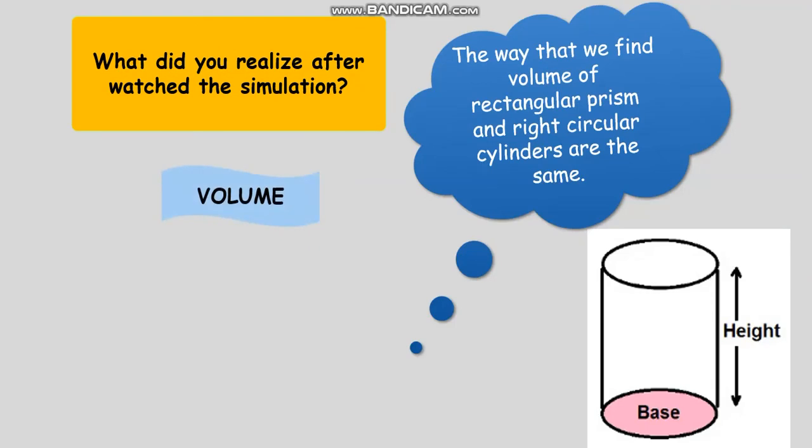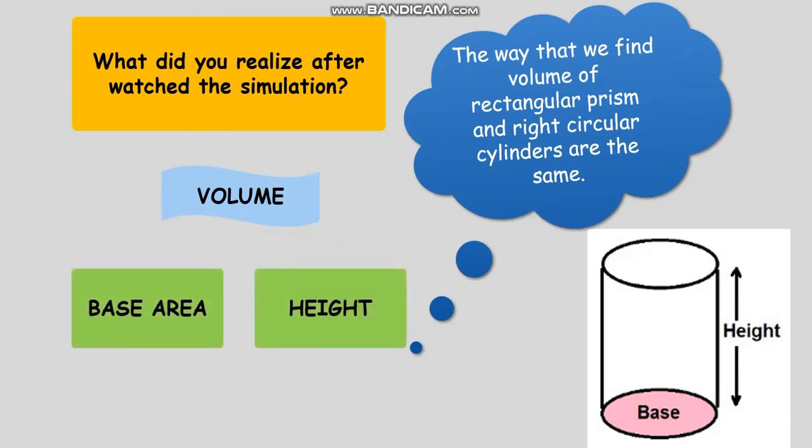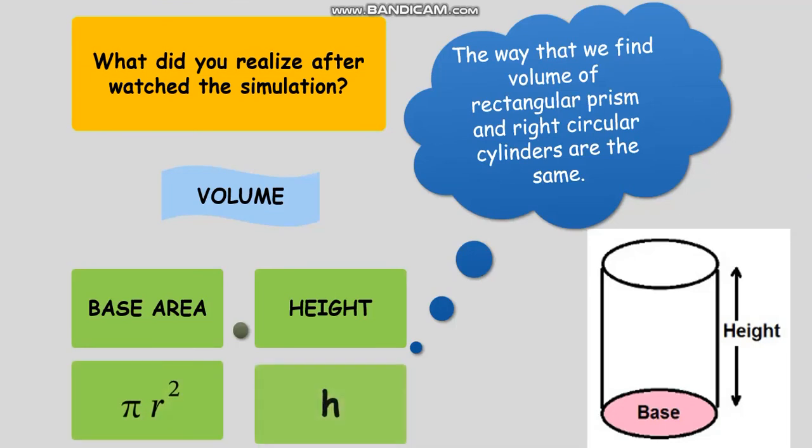So when we write the volume of right circular cylinders, we can say that volume equals base area times height. And what is our base area? If we say the radius is r, it equals pi times r squared. And if we say the height is h, it equals pi times r squared times h.